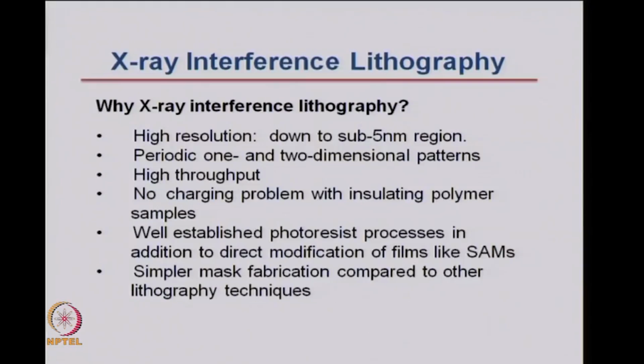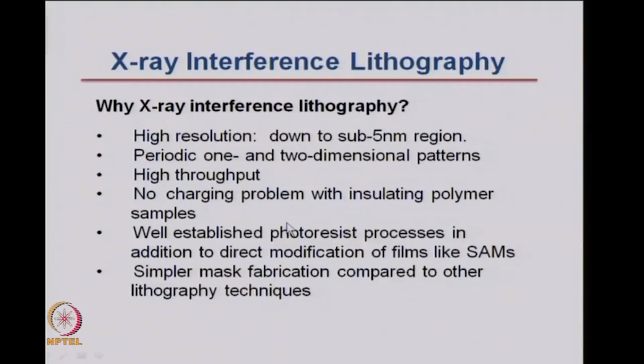Now, if you use X-rays, that is, you pass two beams of X-rays instead of UV, then you get what is called X-ray interference lithography. If you use X-ray interference, then you get high resolution. You can go to the sub 5 nanometer region, and you can get periodic structures of less than 5 nanometers. You have high throughput, that means you can make many nanostructures very quickly.